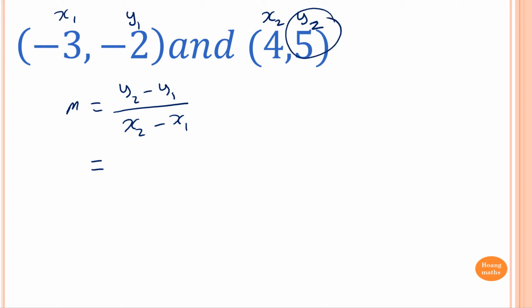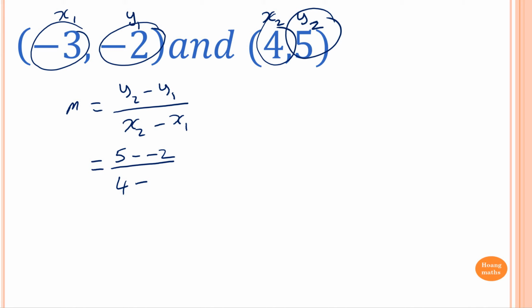So y2 is 5 minus y1, which is minus 2. Minus minus gives you a plus, but I just write it down first. All over x2, which is 4, minus x1, which is minus 3. Which gives me 7 over 7. Therefore, the gradient of these 2 points is 7 over 7, which is 1.